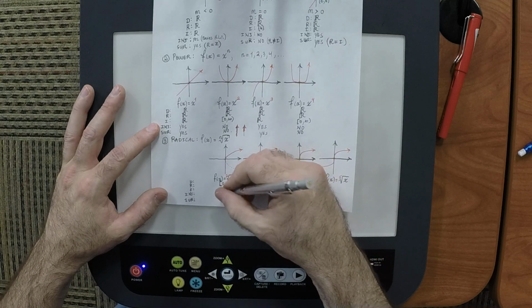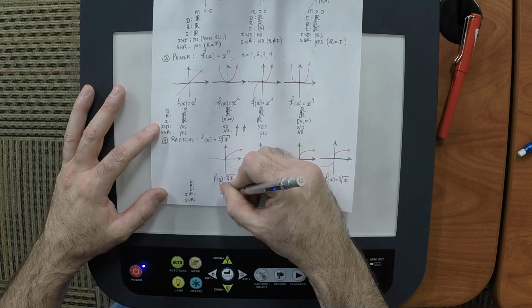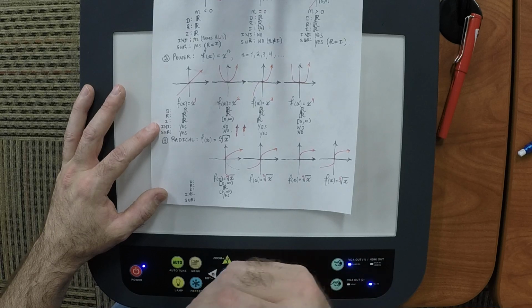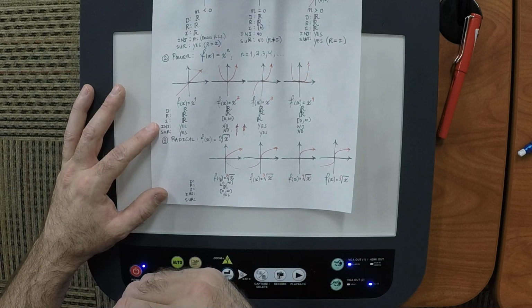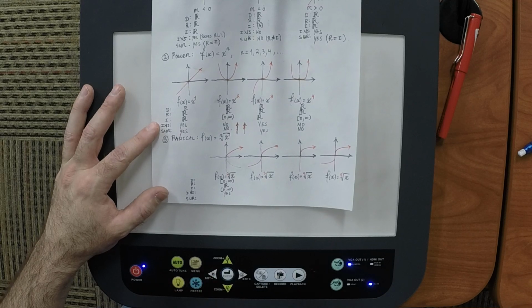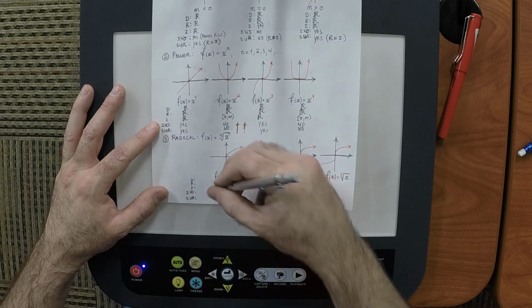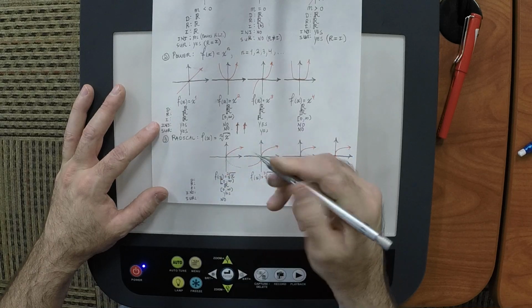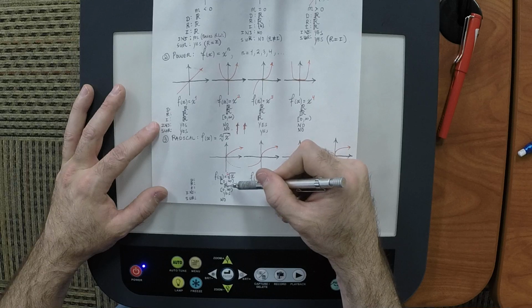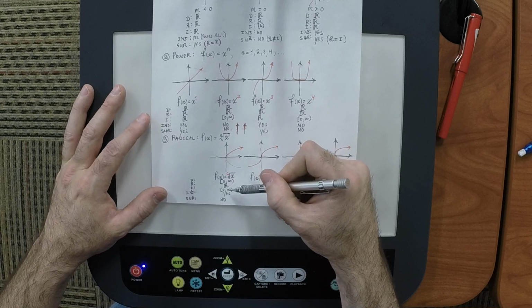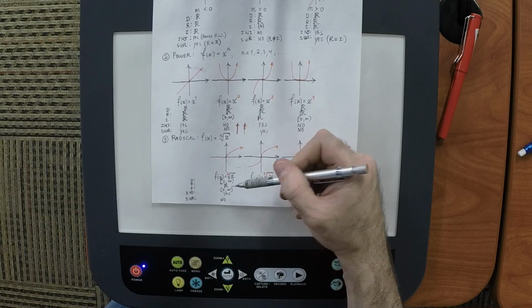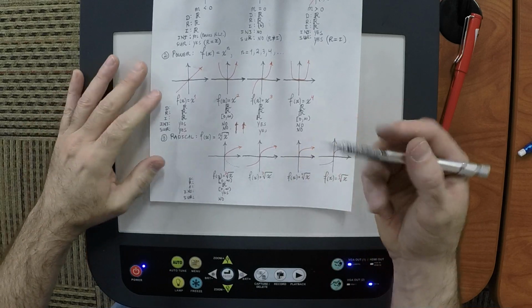It is, because every horizontal line intersects at most once. Is it surjective? The answer is no, because the range is the reals, but the image is only those reals that are greater than or equal to 0. All right, good.